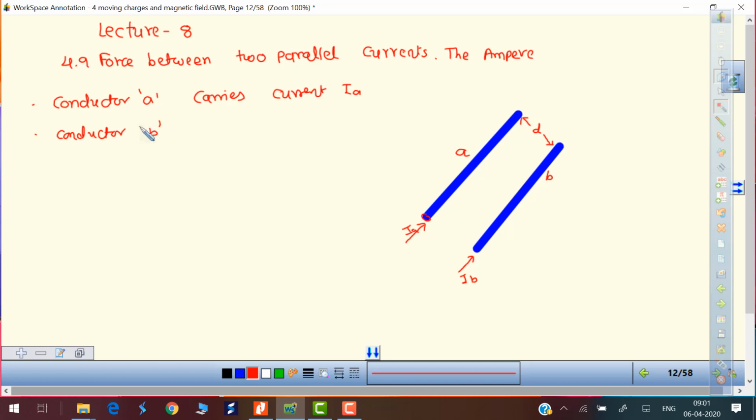Conductor B carries current IB. The separation between them is small d.